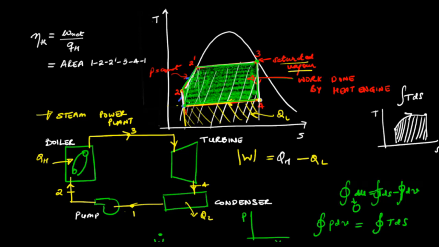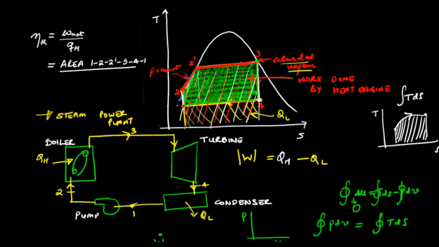And this is equal to the area enclosed by this curve, that is from 1 to 2 to 2 prime to 3 to 4 and back to 1, divided by the heat that is absorbed, and that is the area under this path going from 2 to 3, and this is the heat that is absorbed.